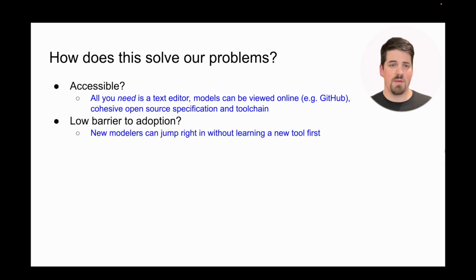Low barrier to adoption? I think so. New modelers can jump right in and start learning xtUML without having to worry about learning a tool and dealing with tooling issues. Textual languages are very familiar to developers, and so therefore the graphical only with the very inscrutable persistence format would not be a barrier to adoption.